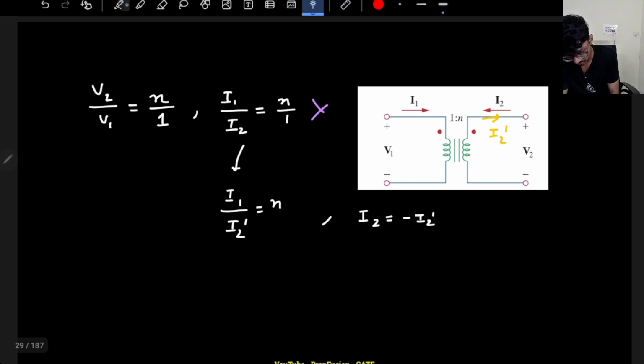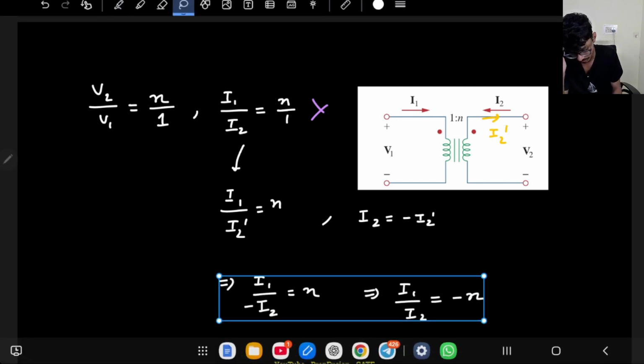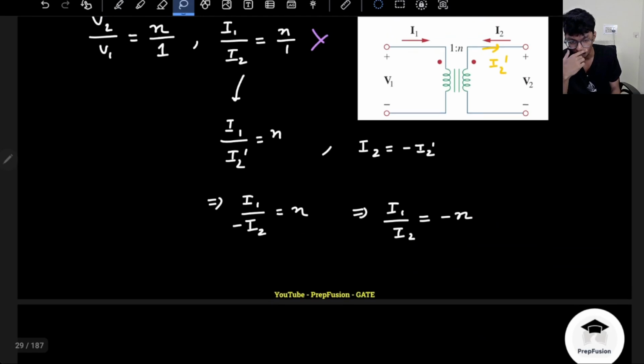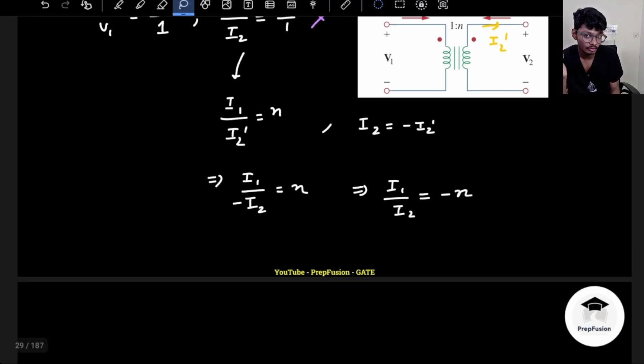So the actual relationship between I1 and I2 will be like this: I1 by minus of I2 will be equal to N, or I can write I1 by I2 equals minus of N.